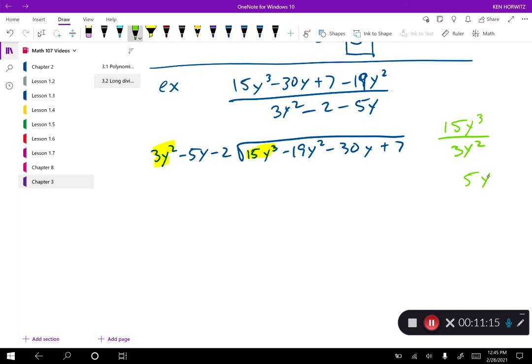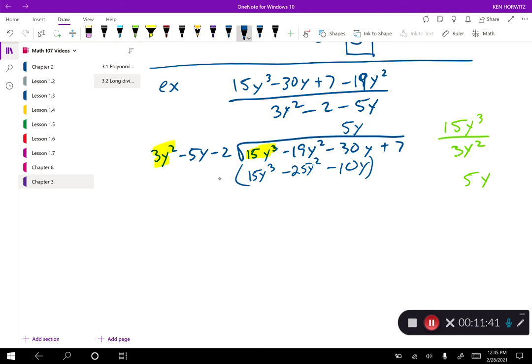And so I'm going to put the 5y on the top. And then I multiply the 5y times each term on the outside. So 5y times 3y squared is 15y cubed. 5y times negative 5y is negative 25y squared. 5y times negative 2 is negative 10y.